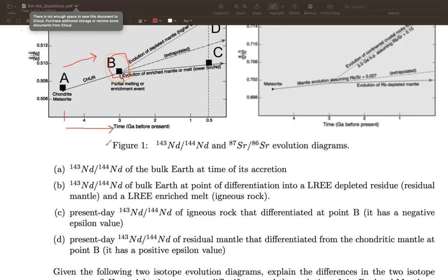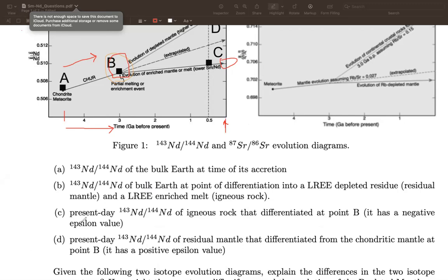So point B represents the differentiation point, and C is here. What is the age of C? It's here, right? The age of C is 0 Ga. That means today, present day.